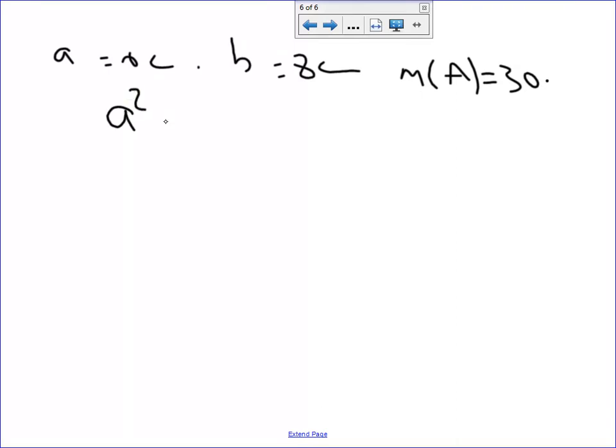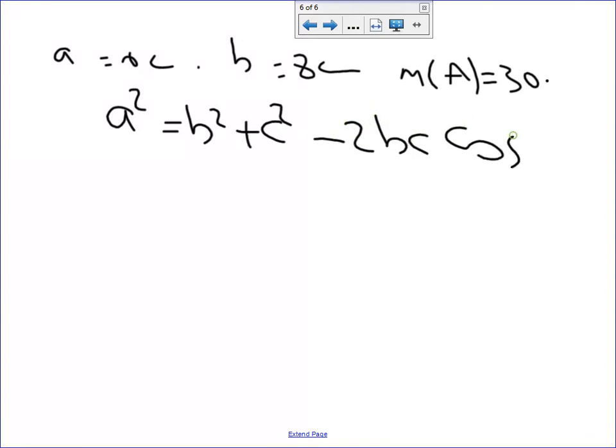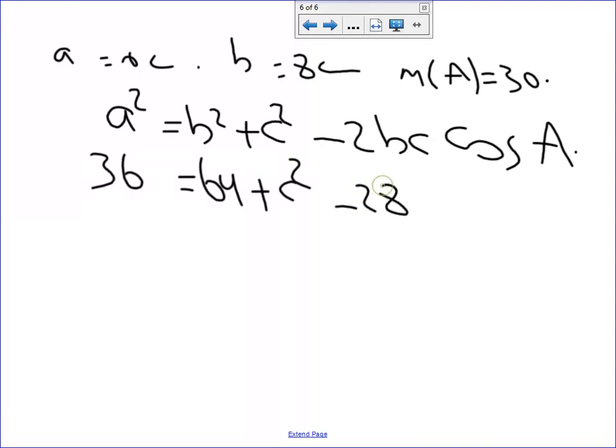We will make A squared equal to B squared plus C squared minus 2BC cosine of angle A, where A is the side opposite to the angle. We substitute: 6 squared is 36, equal to B squared, which is 64, plus C squared minus 2 times 8 times C times cosine of angle A, which is root 3 over 2.